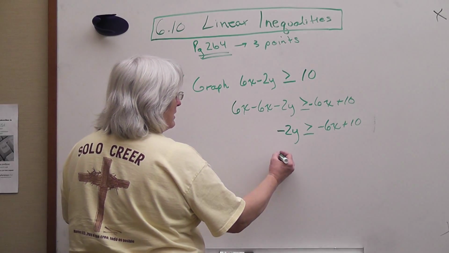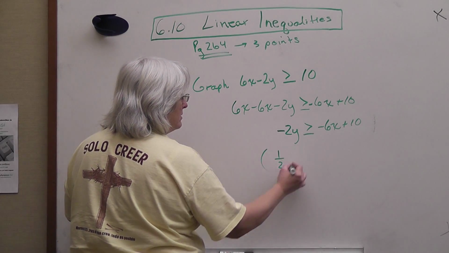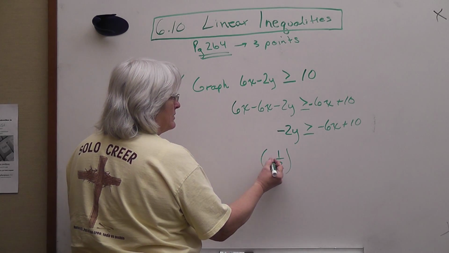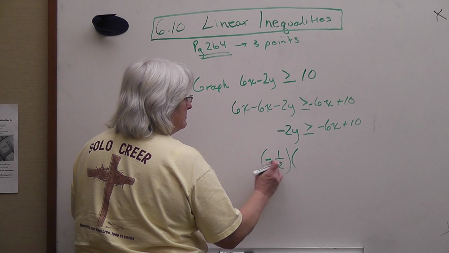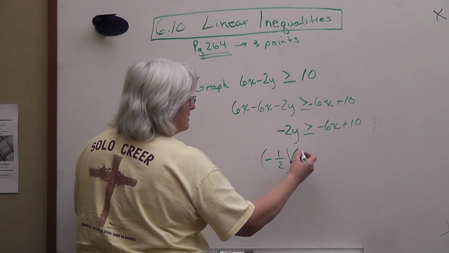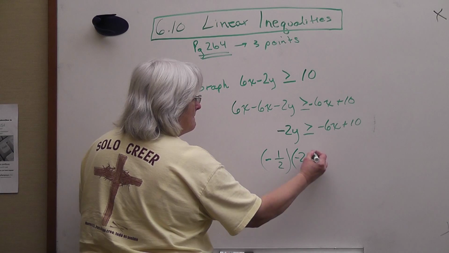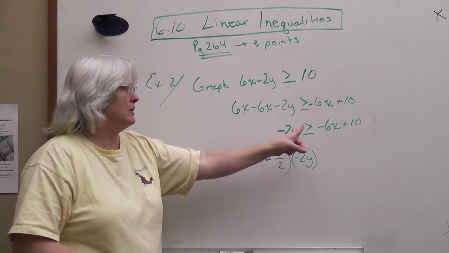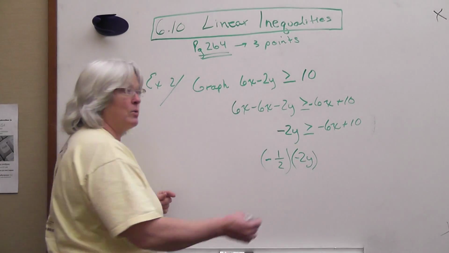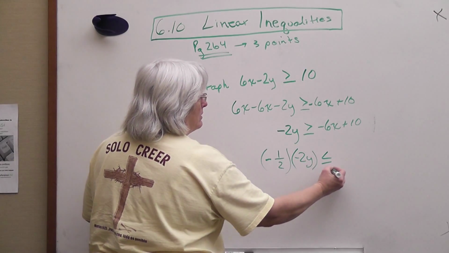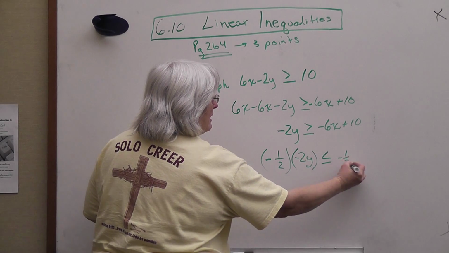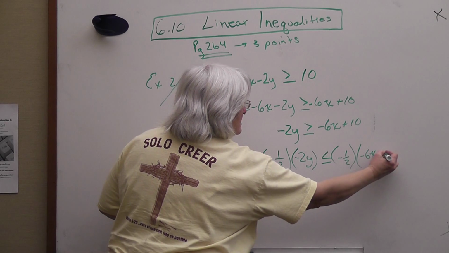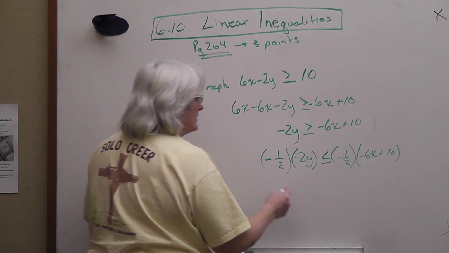We multiply both sides by the reciprocal of the coefficient, negative 1/2, times negative 2y. Because we're multiplying by a negative number, we need to flip the direction of the inequality. Negative 1/2 times negative 6x plus 10.